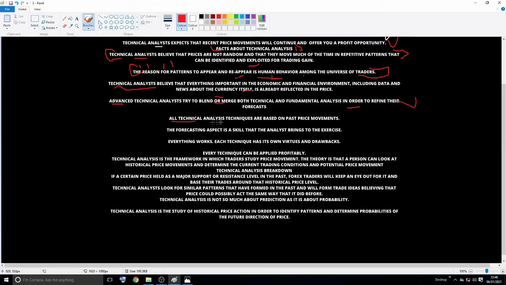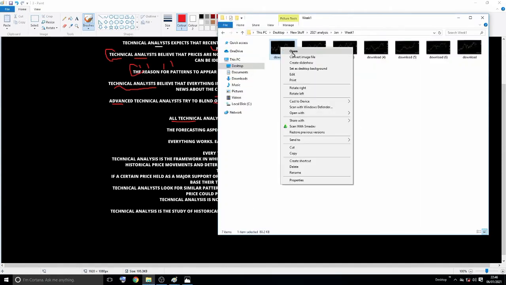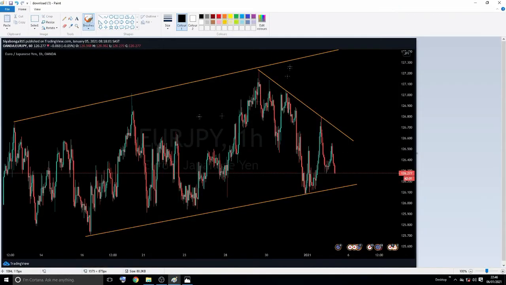All technical analysis techniques are based on past price movement. So for people who trade technical analysis, each and every trade decision is based on a past price movement.